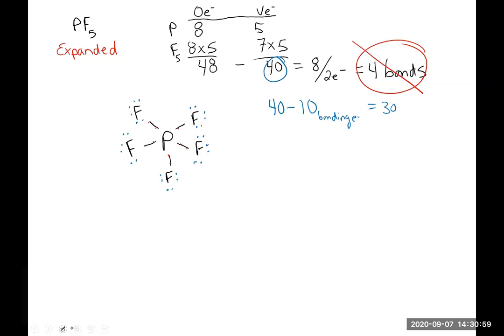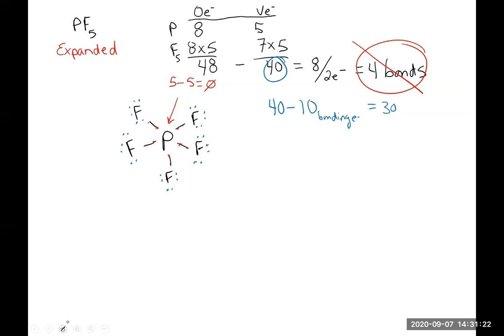So when we calculate formal charge for the phosphorus, phosphorus has a valence of 5 because it's in group, column, or family 5. And it's in direct contact with 1, 2, 3, 4, and 5 electrons, giving it a formal charge of 0.